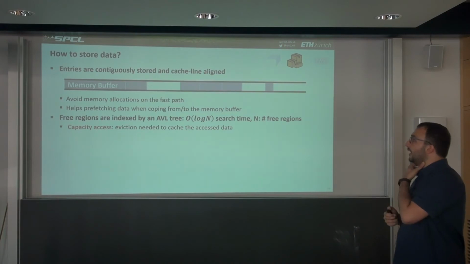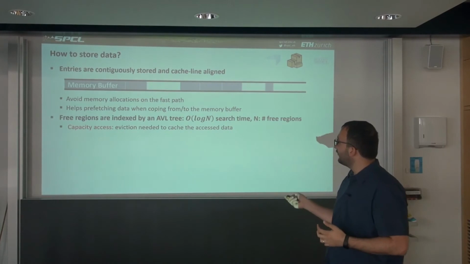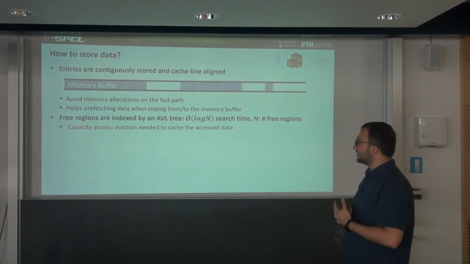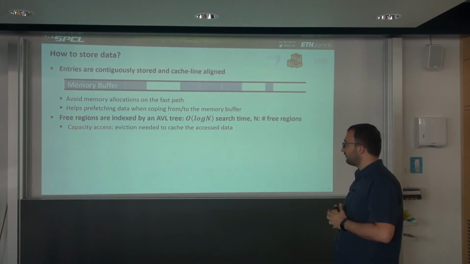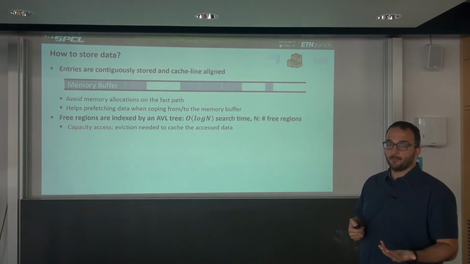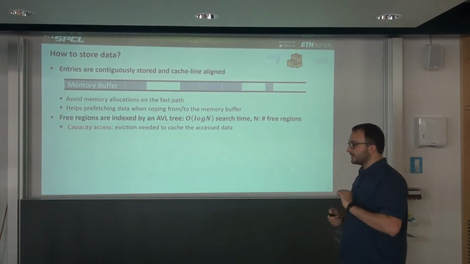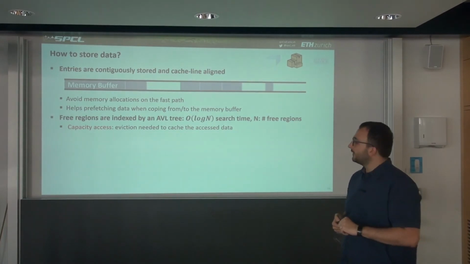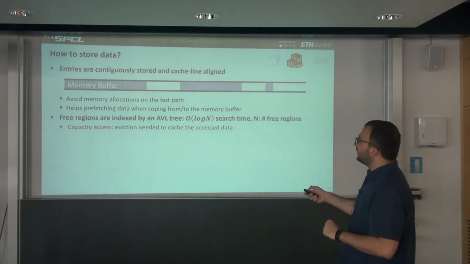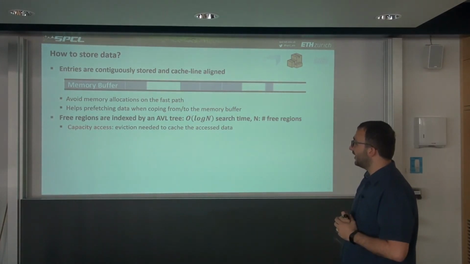Also, we keep the free regions of this memory buffer in an AVL tree, so we have low overhead in the search of free regions. And in case we don't have any free region, then we will have a capacity access. Similarly to the conflicting access, a capacity access is a get that has been found missing, and it caused an eviction due to capacity, because there was not enough space.